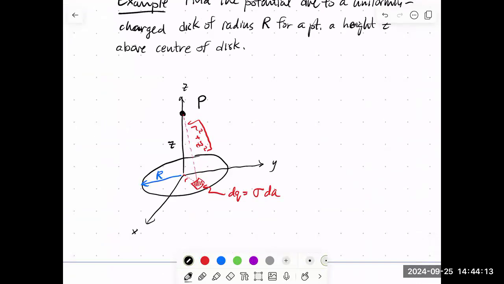So I don't have to find only the vertical component, which you will have to do when you're doing the electric field calculation directly, because this little patch will make an electric field that points in this direction, but one over here will make it point in that direction. Only the vertical components survive. Okay, good.